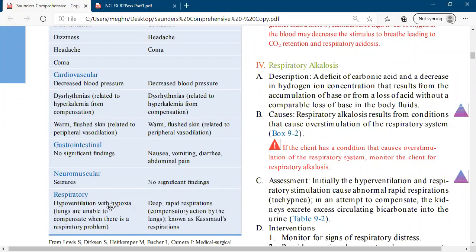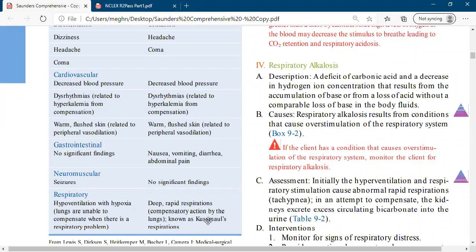What is the pattern of respiration in metabolic acidosis? They said deep, rapid respiration, deep and rapid. The deep and rapid respiration is called Kussmaul respiration.